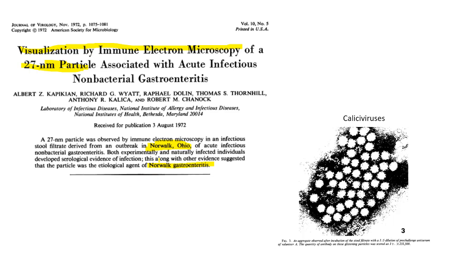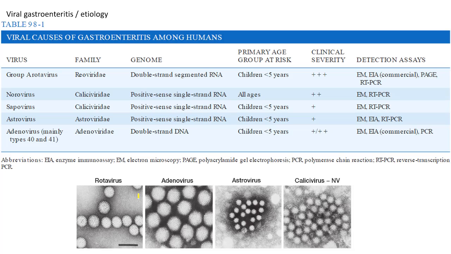But it's not only those noroviruses as part of the caliciviruses that are causing gastroenteritis. We have a group of viruses that we can see here, but two of the most important of them are the rotaviruses and the noroviruses, which we have just mentioned.